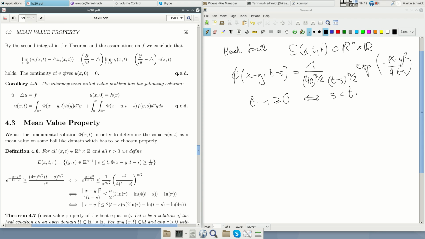Then we take the logarithm of this whole expression. Since everything shows up with a power of n half, we get in front an n half. Here the logarithm of r squared is 2 times the logarithm of r, minus the logarithm of this expression, and minus the logarithm of pi by this factor.